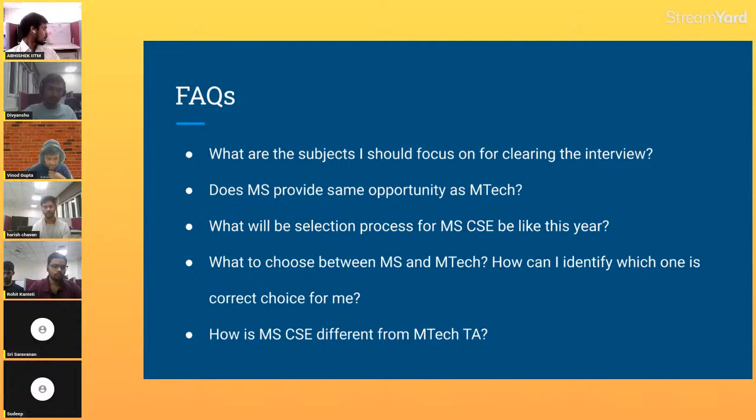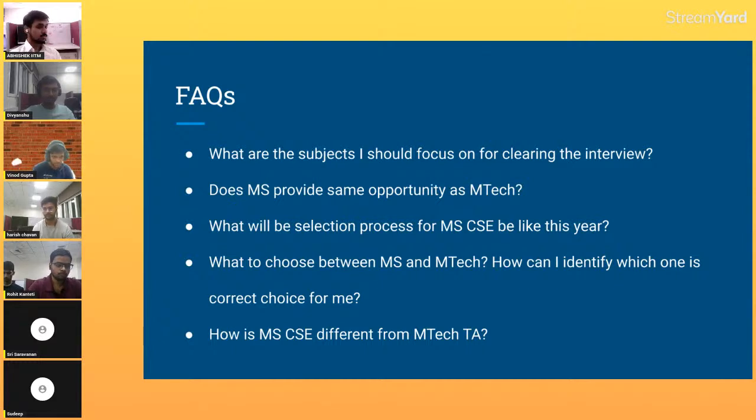Then you will choose your guide, select the research topic accordingly and start research. So the program is mainly focused on research and publishing a good paper in a good journal, which will also deepen the knowledge of the topic you are trying to study.